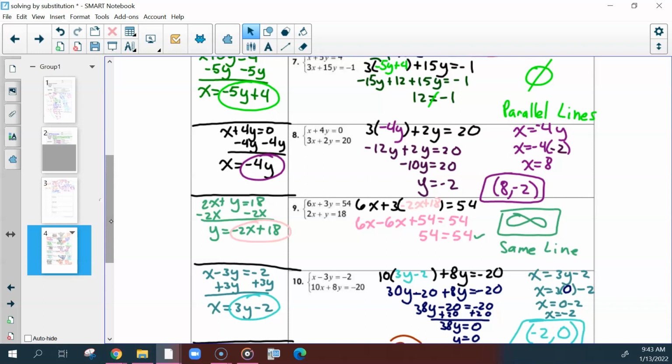If you finish all of those, or finish some of those, work on the others, and then you can go back to the last set of notes on systems and graphing and do the problems in there. Once you finish all of those things, then you can have time to work on other things, but we work on those first. Anyone have any questions on what we're doing for the remainder of class?